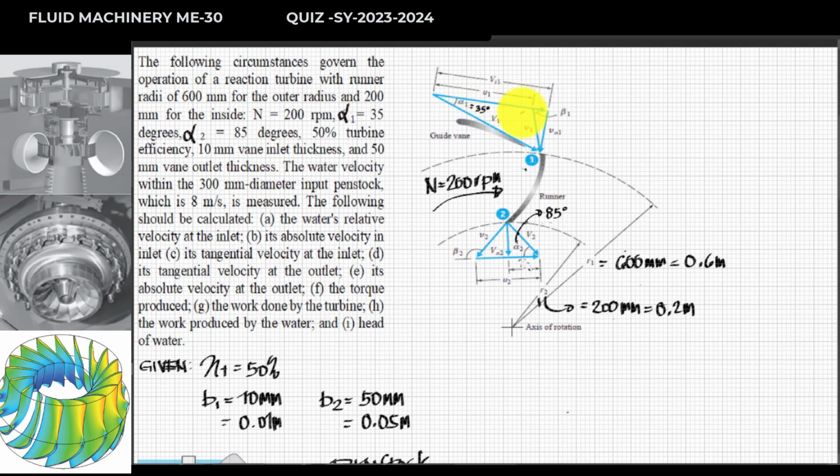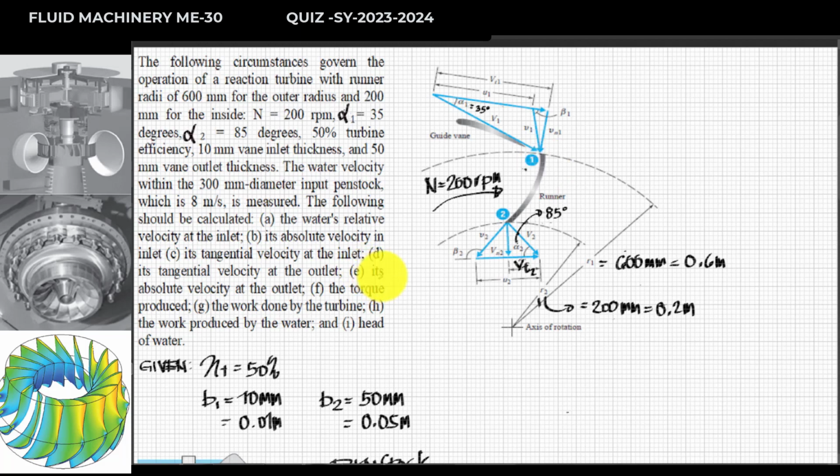Then for letter D, we're looking for the tangential velocity at the outlet, so we have here VT2 at the outlet. The angle is given, and we can solve the normal velocity by using the flow rate, which is 2 pi radius times thickness of the vane times your normal velocity. We'll show that later on.